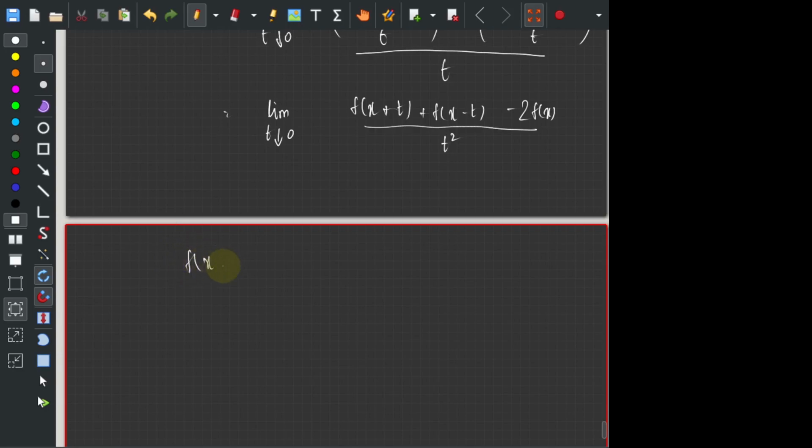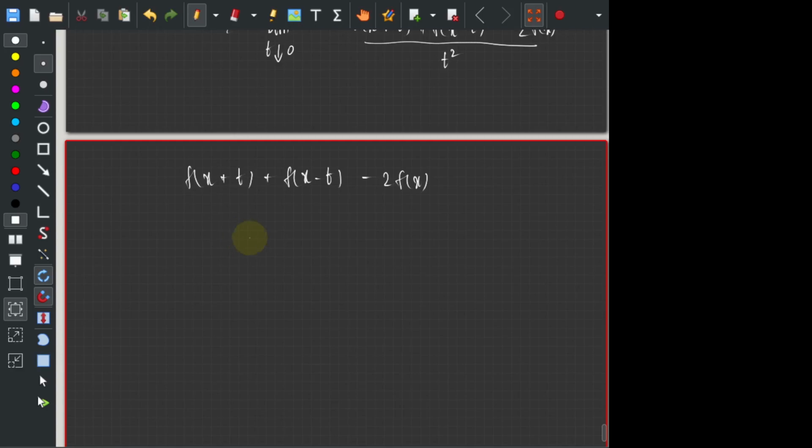So f of x plus t plus f of x minus t minus 2 times f of x. I'll write this as 2 times f of x plus t by 2 plus f of x minus t by 2 minus f of x.